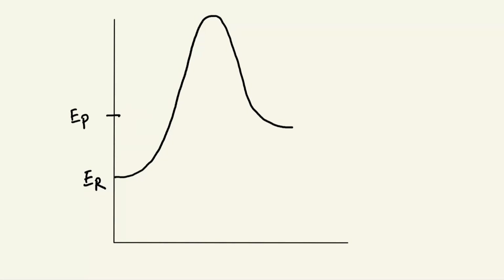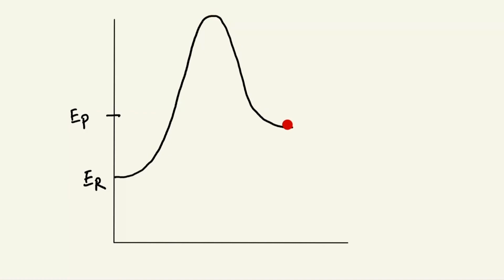So, let me just go through that graph again. This was our energy of the reactants. This is not an exact graph, this is just a recall of what we've done earlier. This is the energy of the products. Now, in order to form the products, your reactants have to go all the way up the hill and come down the hill.